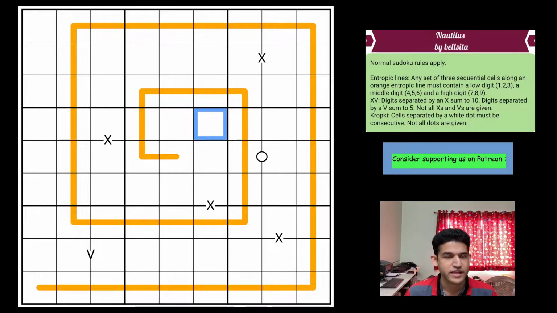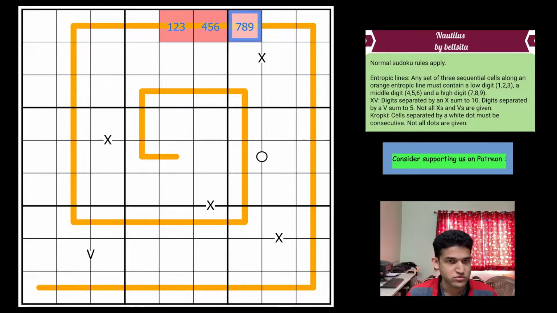So you can take any 3 cells. For example, I'm taking these 3 cells, coloring them. One must be a low digit, which means it must be 1, 2, 3. The other must be a middle digit, 4, 5, or 6. The other must be a high digit, 7, 8, or 9. So there are only 3 categories, and these can be in any order.